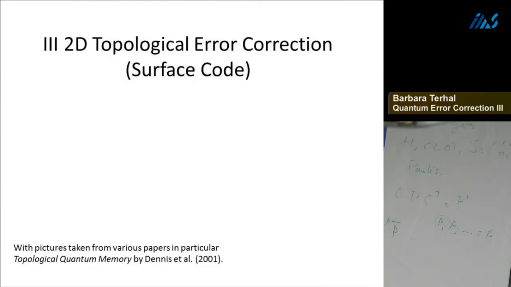Okay, so now I'm getting ready to talk a little bit about the surface code. There are some pictures from this paper by Dennis et al., which I think has increased in influence over time, of being recognized for its value over time very nicely.